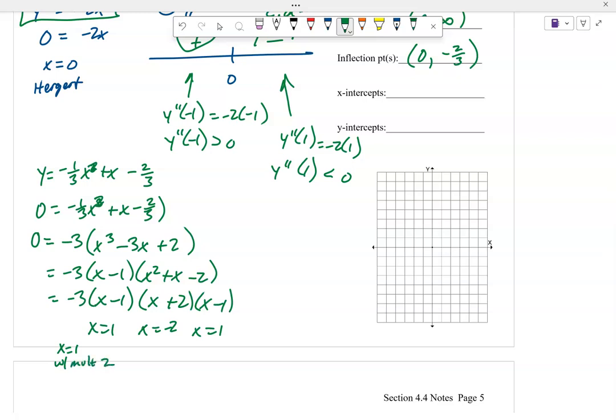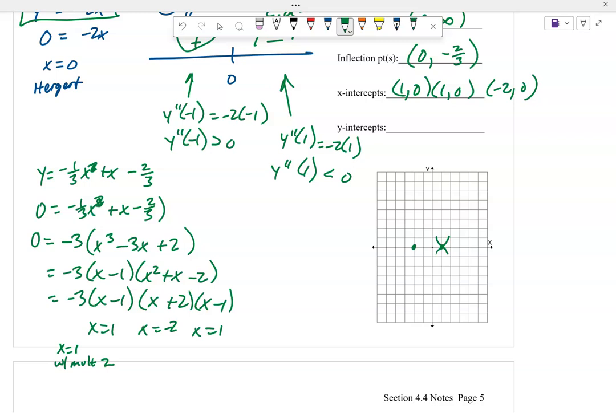That's one of my zeros. All right, there's 2 of those. And then at -2, 0 as well. Let me put those points on the graph. 1, 0. Now, if it has an even multiplicity, I know it just touches either from the bottom or from the top. And then -2, 0.